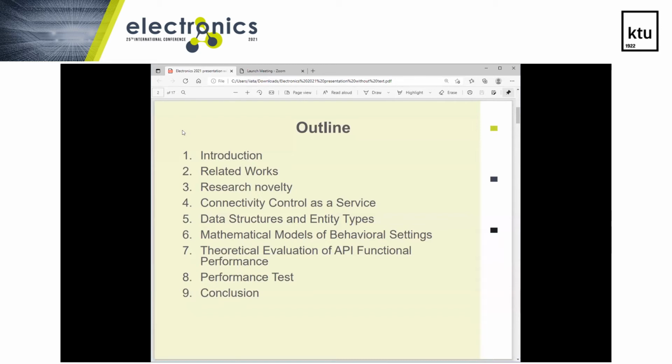So the outline is as follows, and first some introduction about the related works and especially the motivation of the programmability of multi-connectivity control.